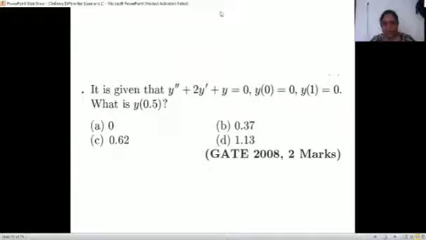Prajakta has told me the roots, right, for this equation. So y is equal to c1 plus c2x into e raised to minus x. Then put y at x is 0, y is 0, find out c1. And at x is 1, put y is 0, find c2, write the equation, and then finally put x is 0.5 and find y. I'm waiting for your answer.